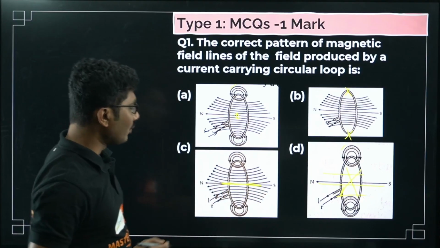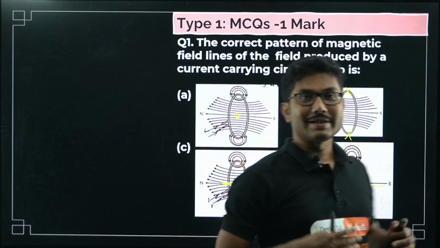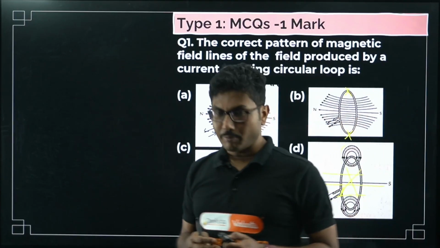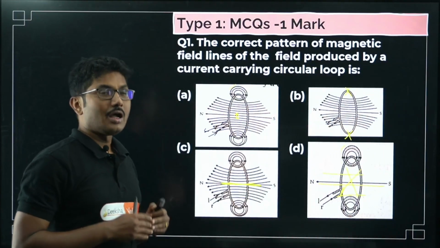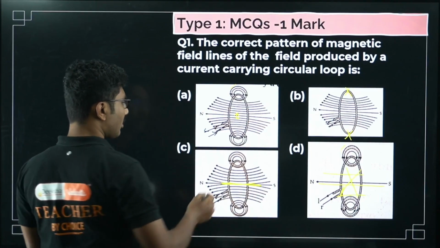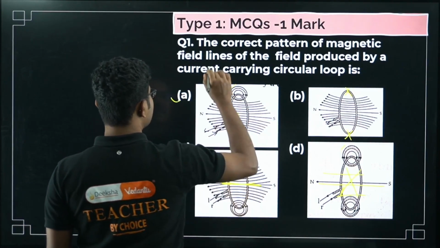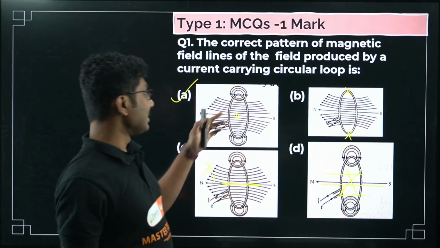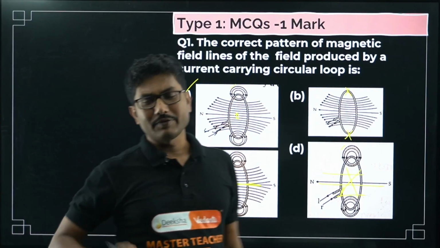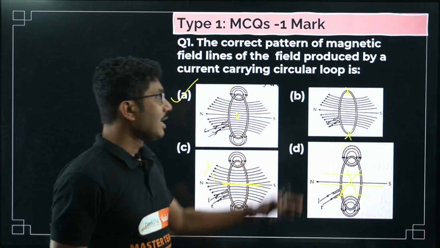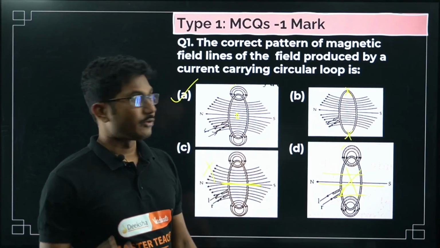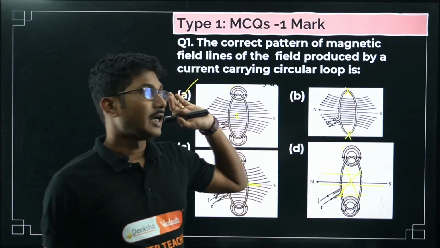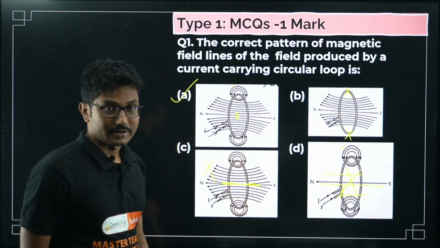Overlapping lines means the magnetic field lines are crossing each other, which is not possible. Magnetic field lines cannot intersect each other, so this is not correct. So definitely this is the correct answer. By the method of elimination you can answer it. If you know this is the correct answer, definitely you can answer it. Otherwise, by the method of elimination you can ignore: this is not correct, this is not correct, this is not correct, this is the correct answer, right?